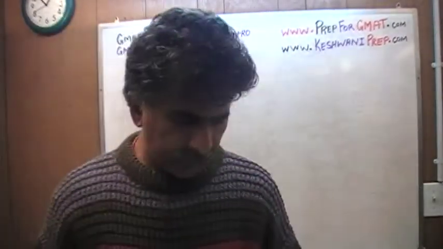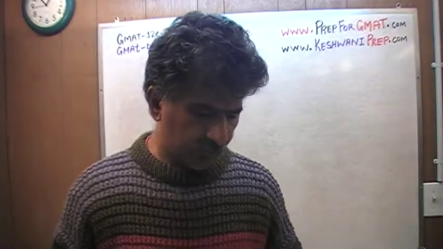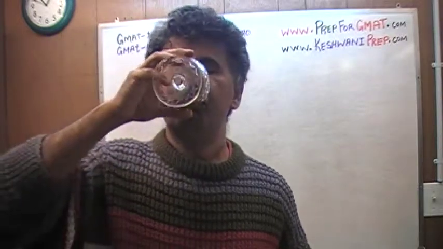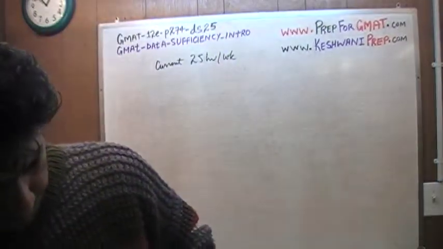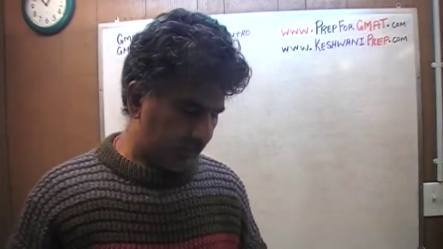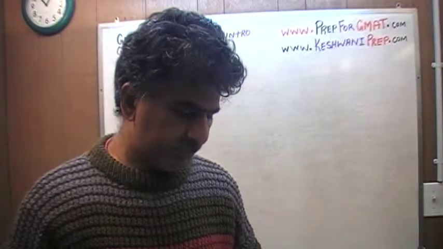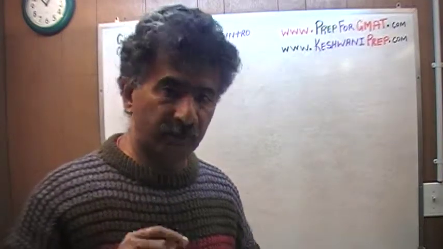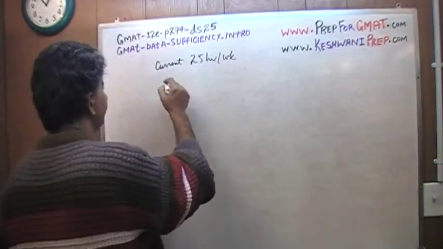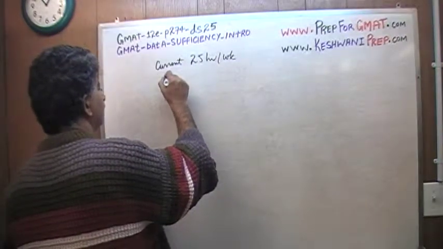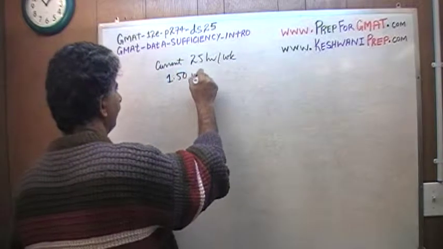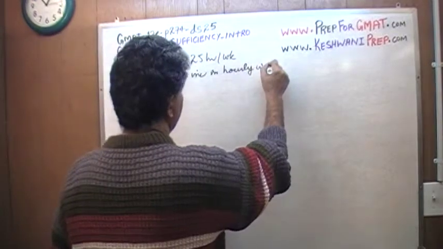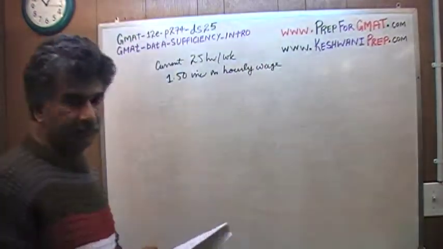They go on to say that if her gross hourly wage were to be increased by $50, how many fewer hours could she work per week and still earn the same gross weekly pay as before the increase? All right. So a $50 increase in hourly wage.